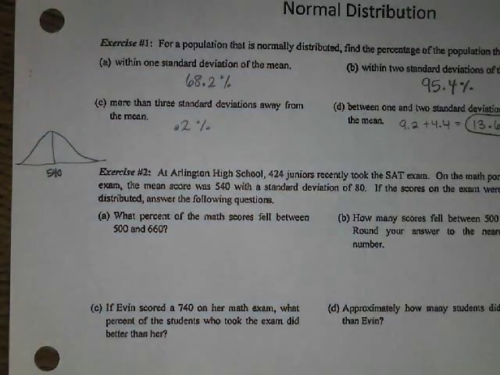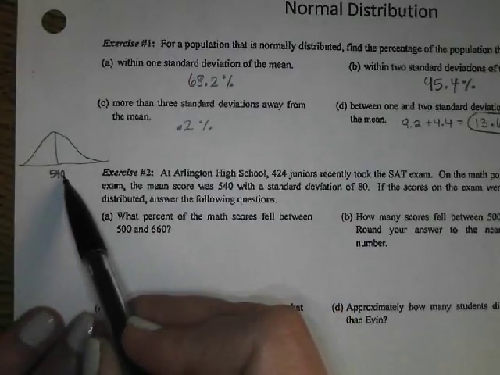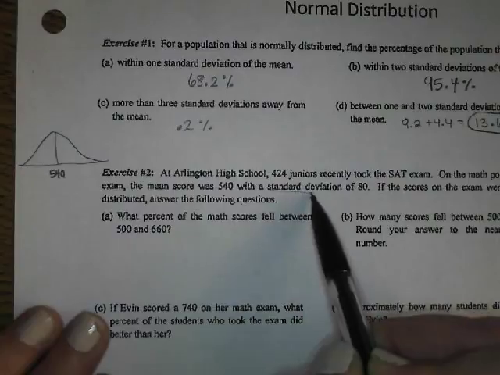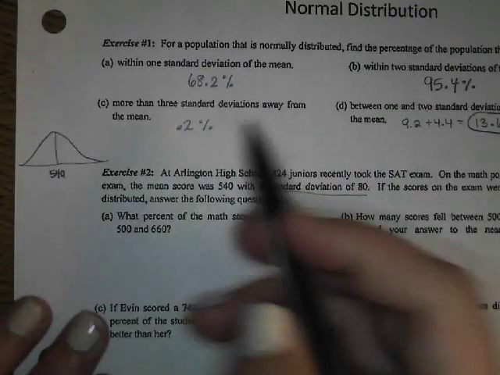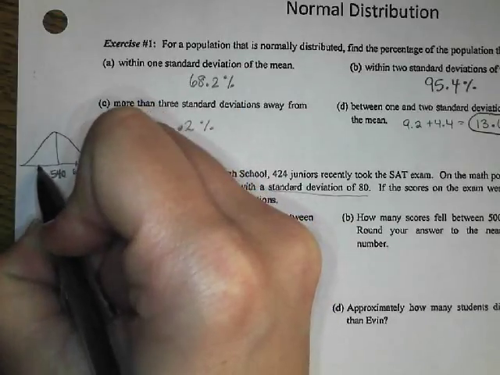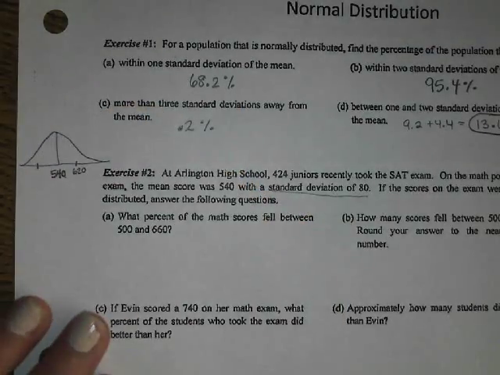And then we would list what's one standard deviation above 540. Since each standard deviation is 80, 620, and one standard deviation below, what'd you say? 460.